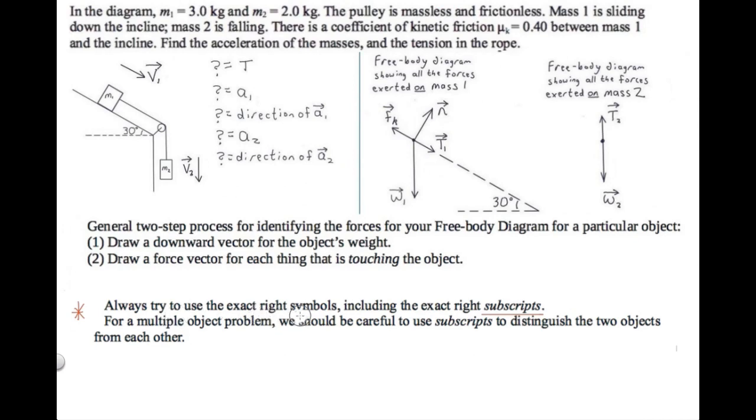Always try to use the exact right symbols, including the exact right subscripts. For a multiple object problem, we should be careful to use subscripts to distinguish the two objects from each other. For this problem, we used 1 and 2 subscripts to carefully distinguish between the weight force on mass 1 and the weight force on mass 2, and between the tension force on mass 1 and the tension force on mass 2.